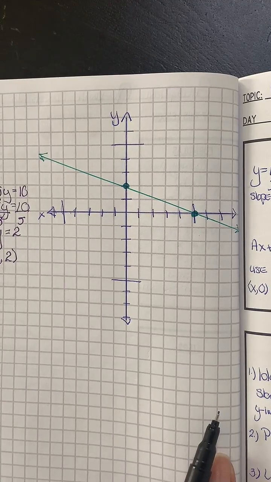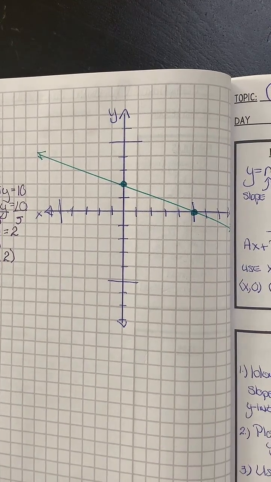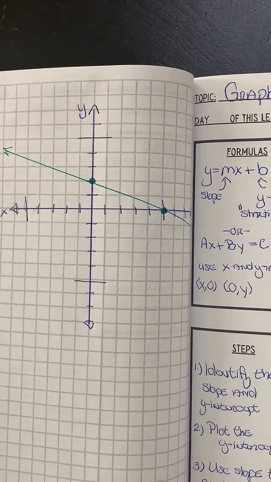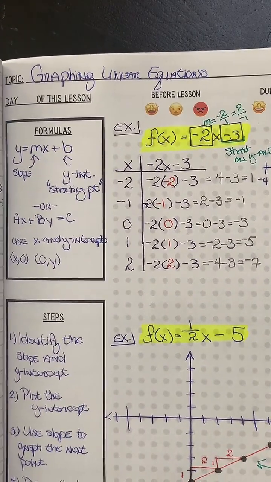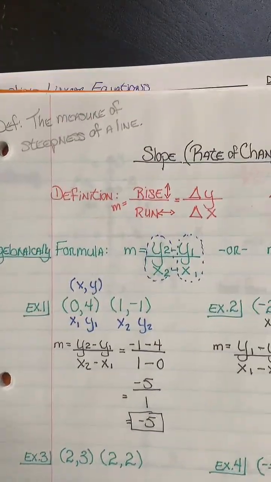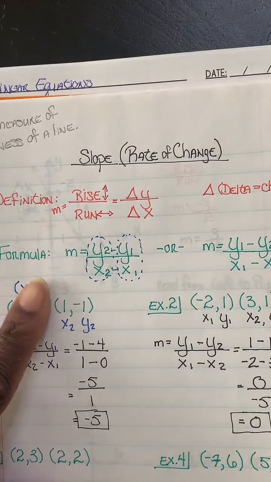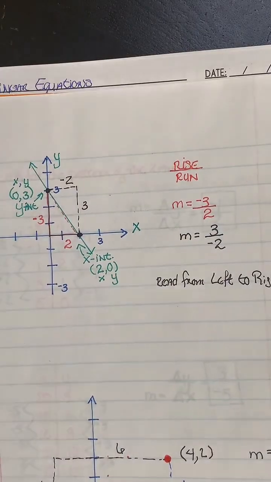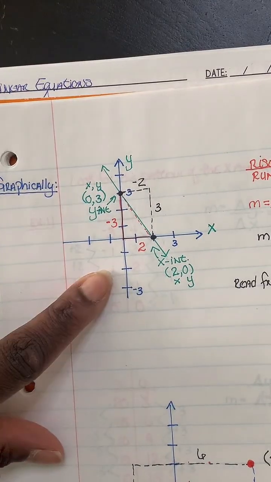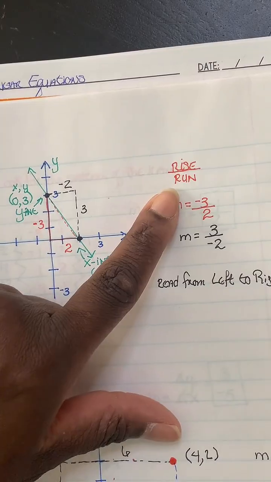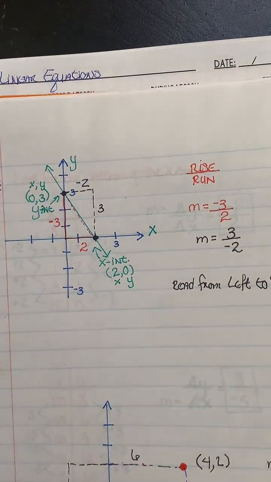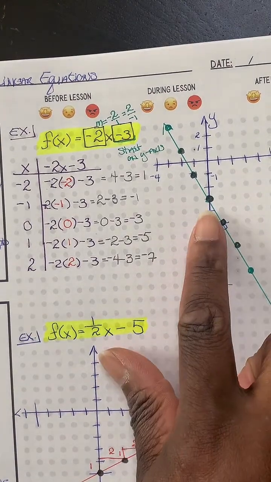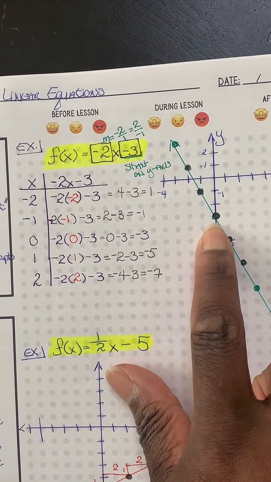Good, good, good. Okay. So, like I mentioned, you need two things in order to graph a linear equation. So, we can have our refreshers with the slope. Okay, so we have a rise over run, and we're looking at it more graphically. So we're really hitting on the rise over run. And the other thing that you need is your y-intercept. Where is it going to cross the y-axis?